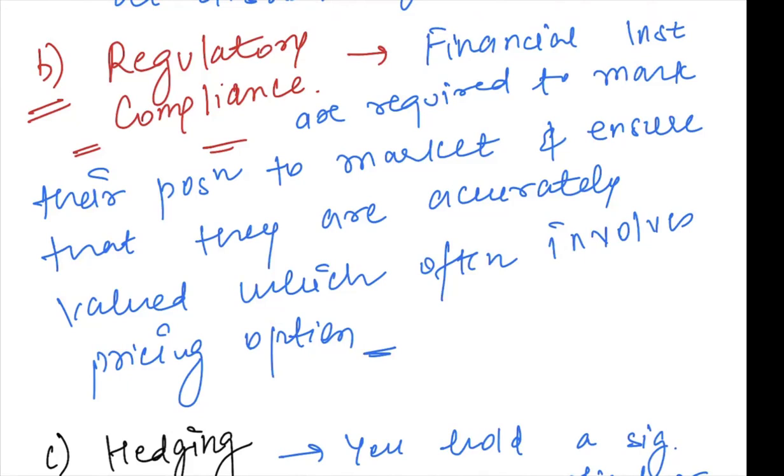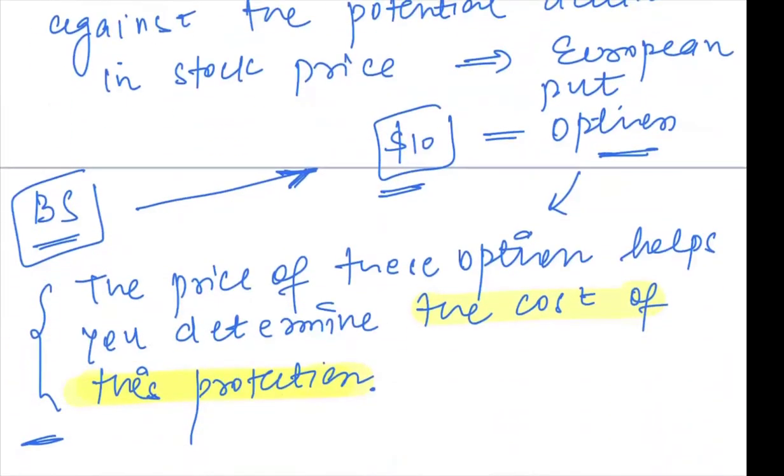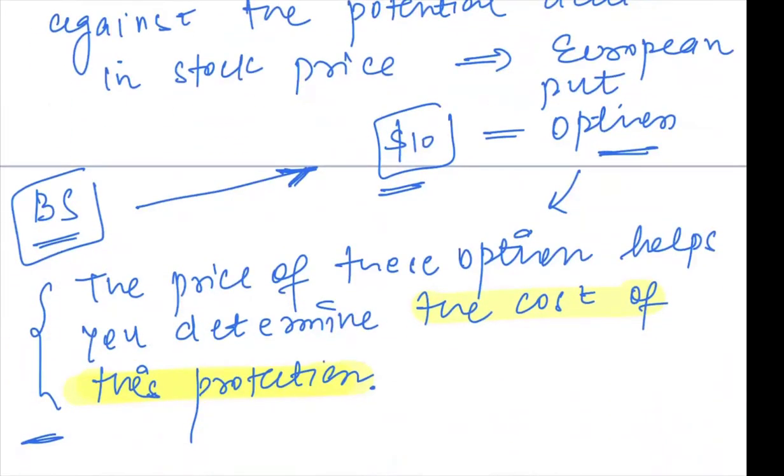So that's why, if you see over the counter, first of all, those are illiquid instruments, not very liquid. That's why models like the Black-Scholes model come so handy, because that's the only way you can understand the price.